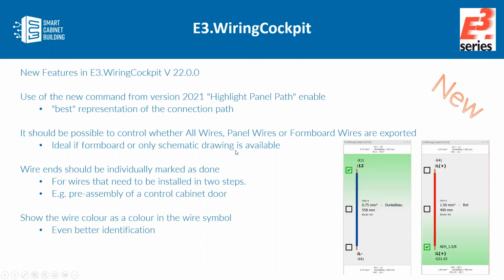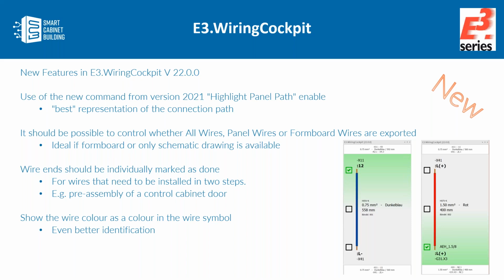So then normally we use our 2D views for cabinets. And with this highlight panel path, all the necessary pages the wire goes through are automatically opened, and the path is highlighted. It is zoomed into the area where the path is.